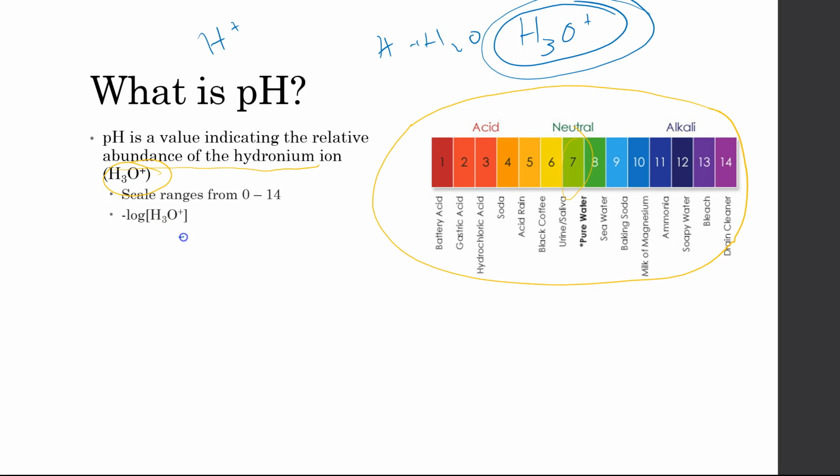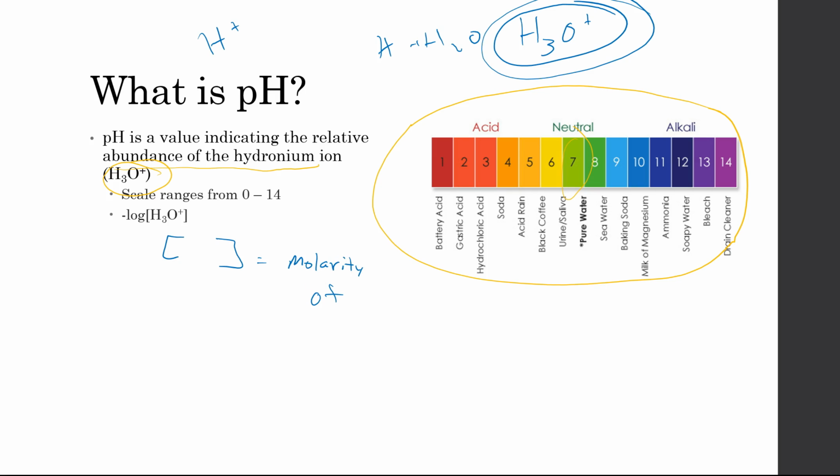So by the way, these brackets mean molarity of. Okay? That's an R, not a V. Molarity, M-O-L-A-R-I-T-Y. Okay? That's what those brackets mean.